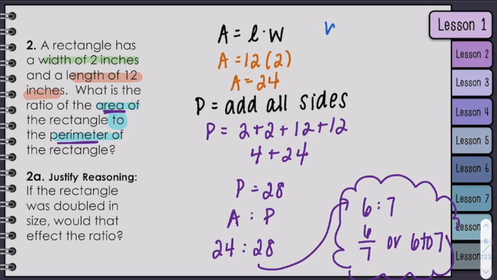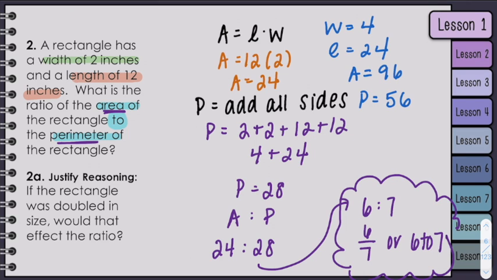You would have your width of 4 now and your length of 24. So your area would be 96 and your perimeter would be 56.